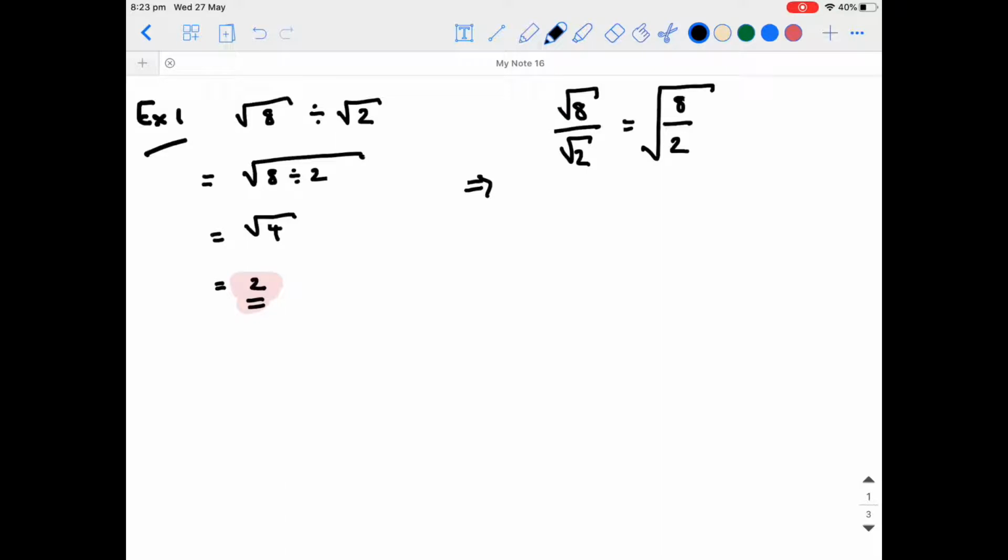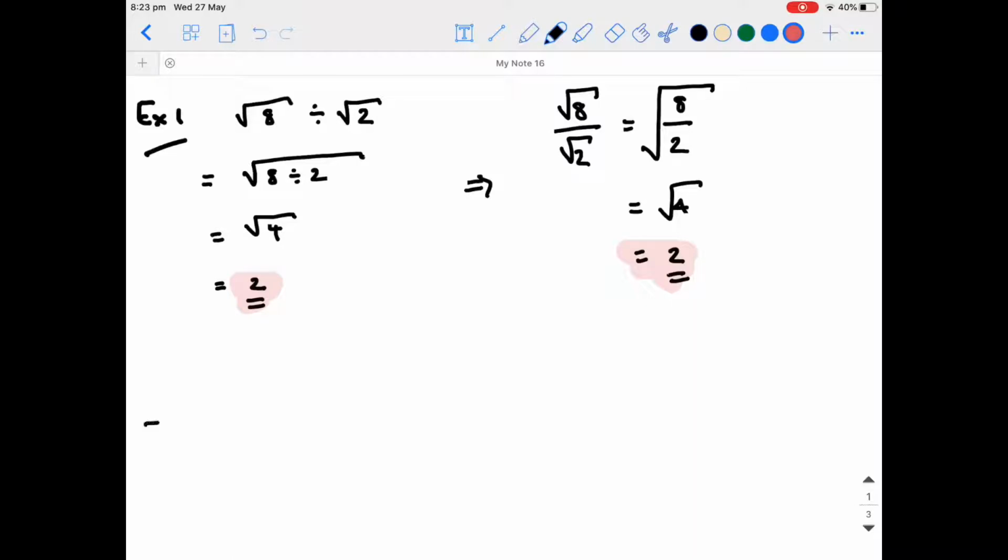So you put your fraction under the root sign, and now I know that 8 divided by 2 is 4, and that the square root of 4 is in fact still 2. So not to get confused if it's written as a fraction.